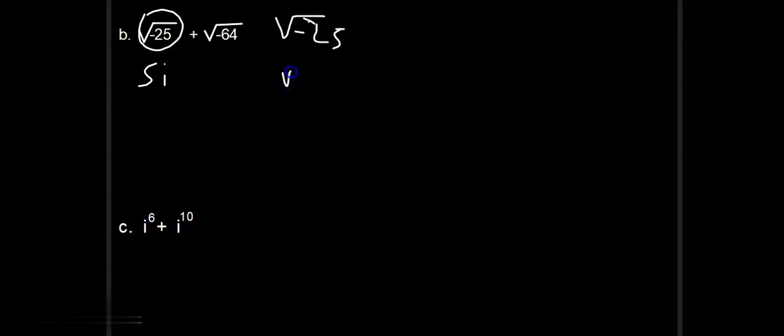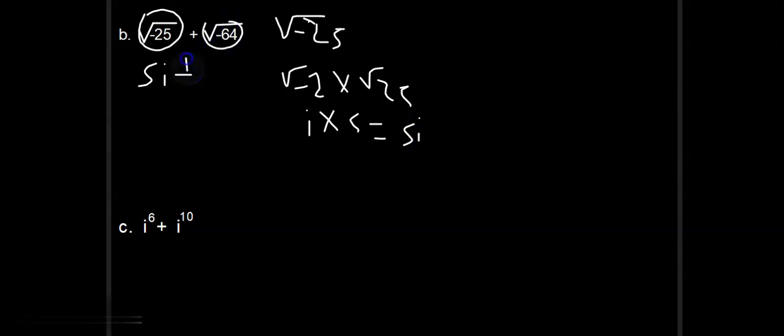So negative 25: when I separate it, negative 1 times root 25. Since root of negative 1 is i, it will be i times 5, which is 5i. You don't have to do this whole process all the time. If you get this type of question, since 64 has a square root of 8, it will be 8i.